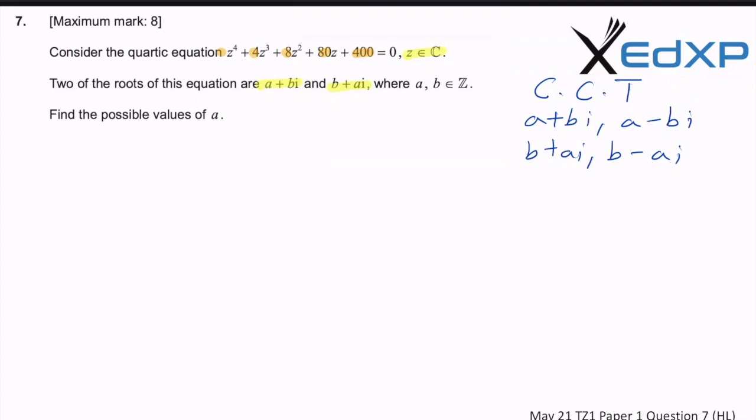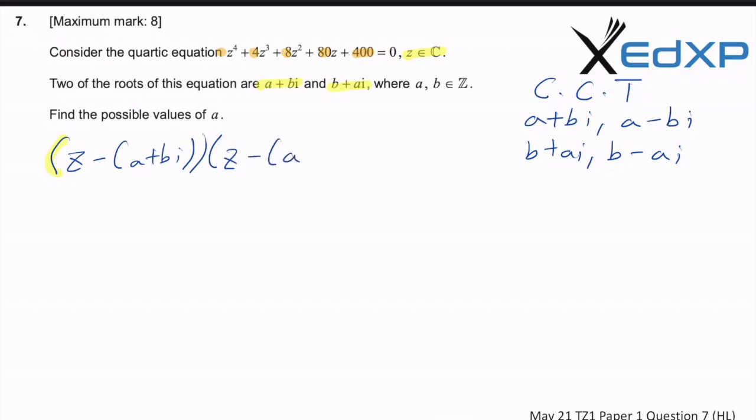When we encounter such questions, I always like to express the entire polynomial as factors. Since we have 4 roots, I can express them as factors, so z minus a plus bi, like how you would normally express for real roots.